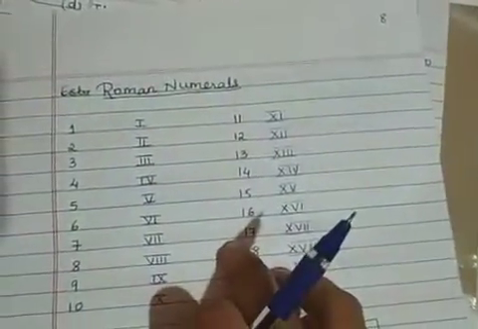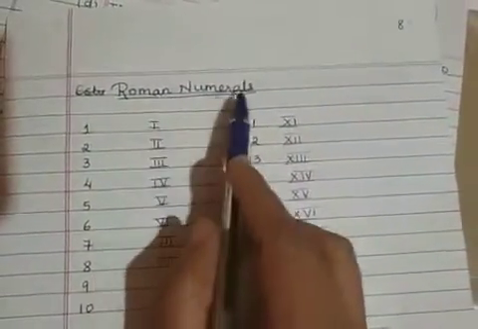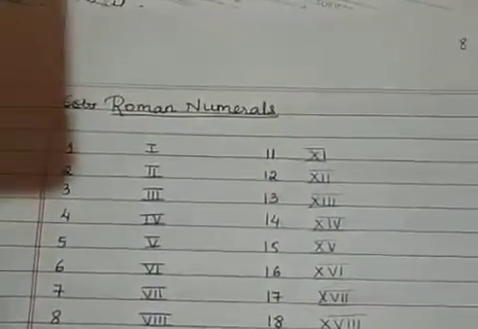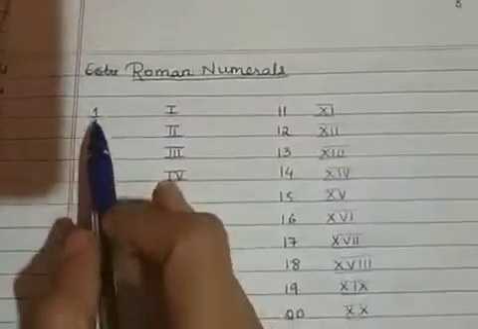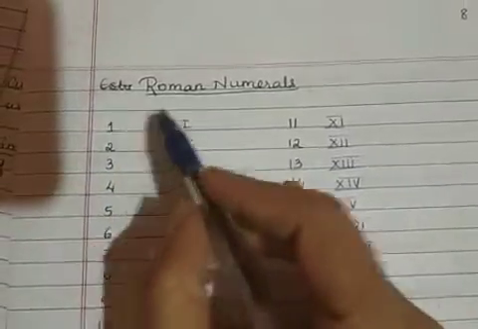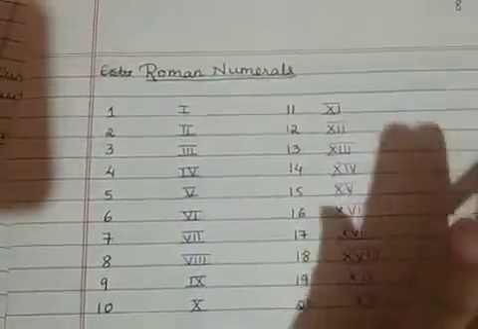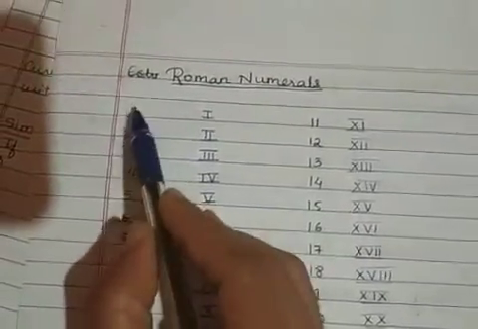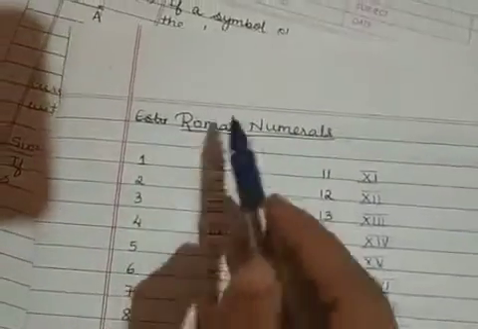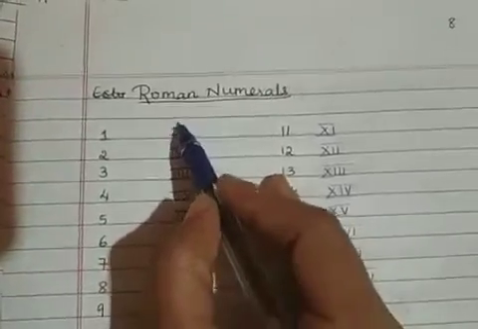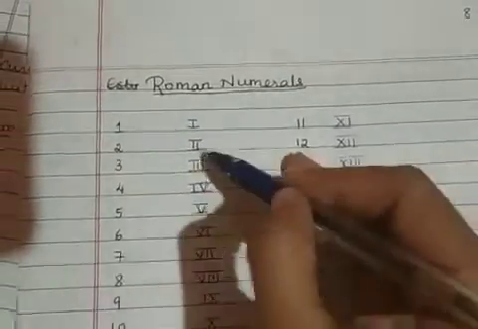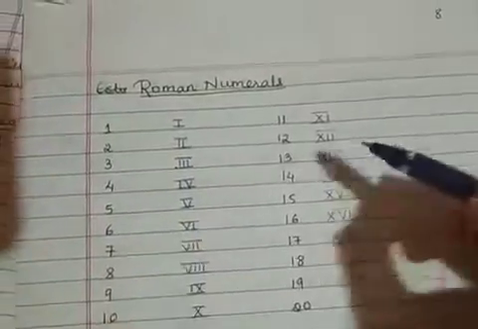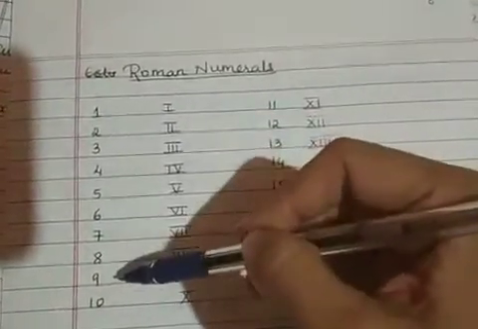The last part of this chapter is Roman numerals. All the numbers that we have seen can be expressed in terms of Roman numbers. You can see here Roman number 1 is represented like this, 2 as this, 3 is this, 4, 5, 6, and so on.